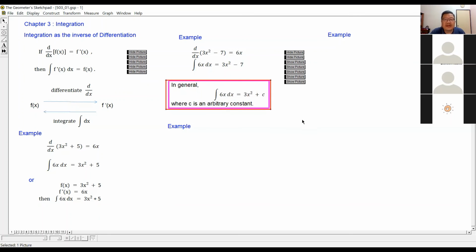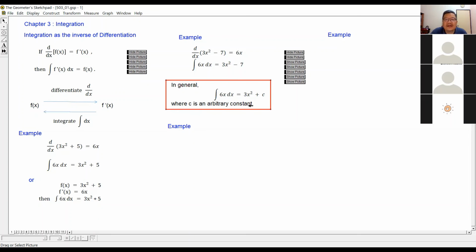So in other words, if I want to integrate 6x dx, that means 6x with respect to x, then I will get 3x squared plus a number I call c. Now this c can be any number, right? So this c is called an arbitrary constant.